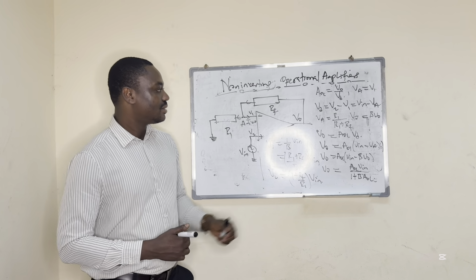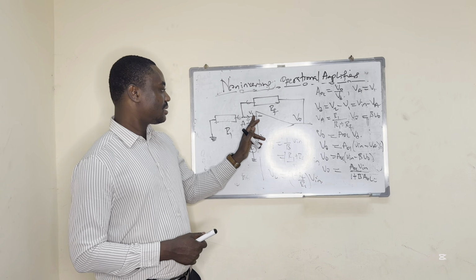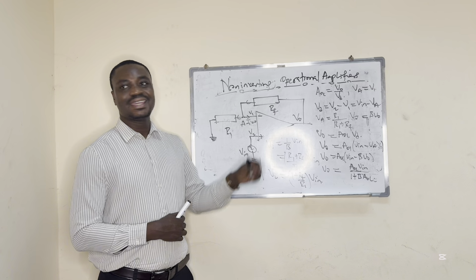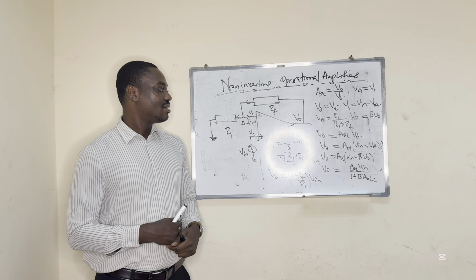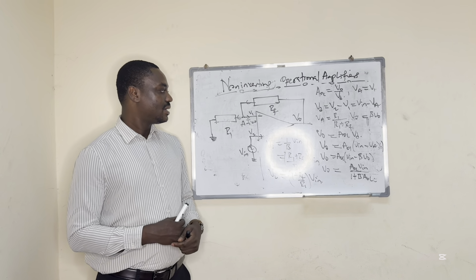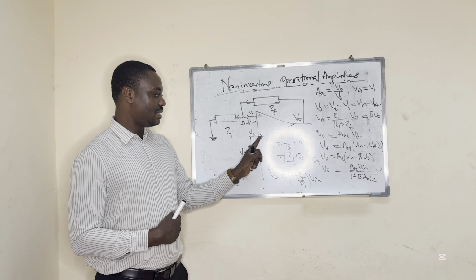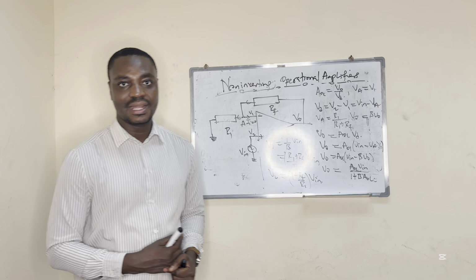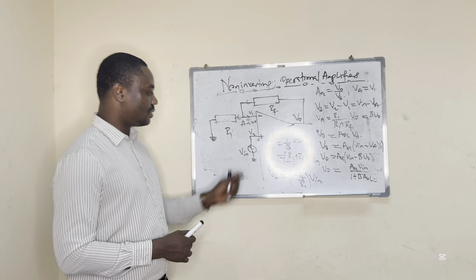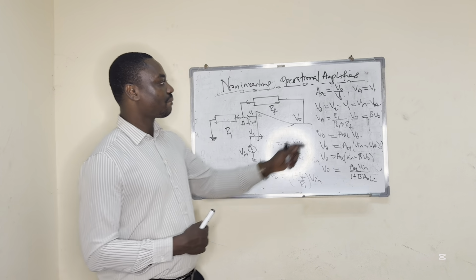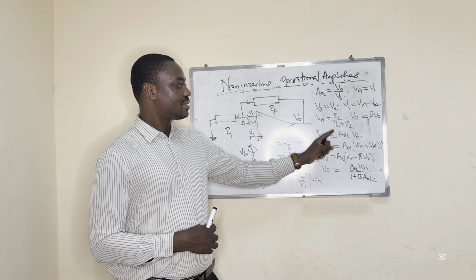And V1 is the voltage input to the inverting input terminal. This time it's not going to be zero, because the non-inverting input terminal is no longer grounded. We have a voltage supply, which is Vin. So we come here, output voltage over this.